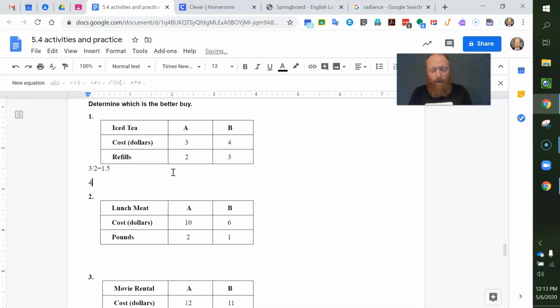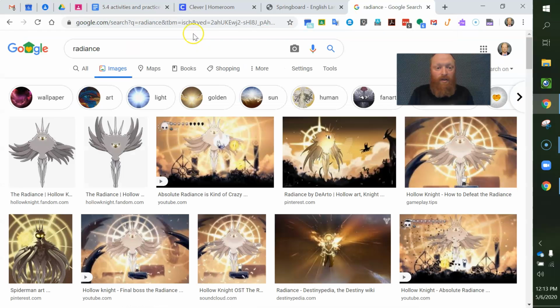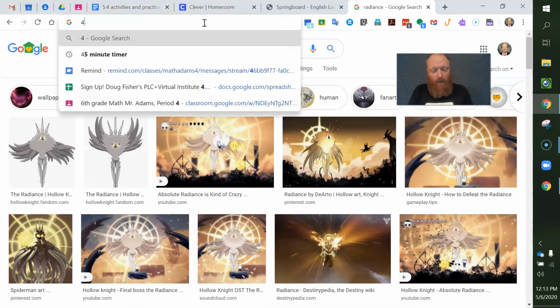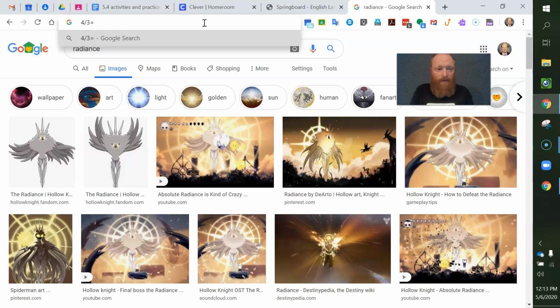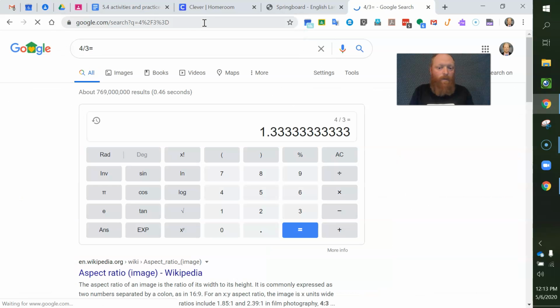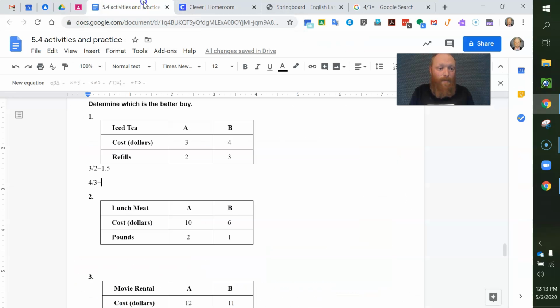But 4 divided by 3, this one I can't do in my head, so I'm going to go to the calculator and do 4 divided by 3 equals 1.33. So which is the better buy? B. B is the better buy because each iced tea costs less.